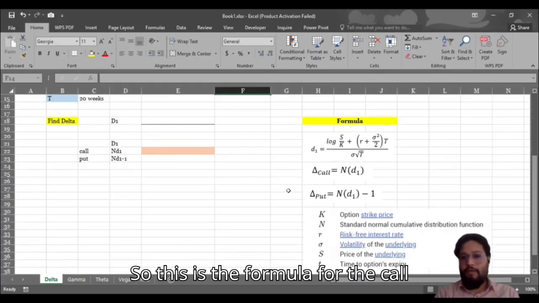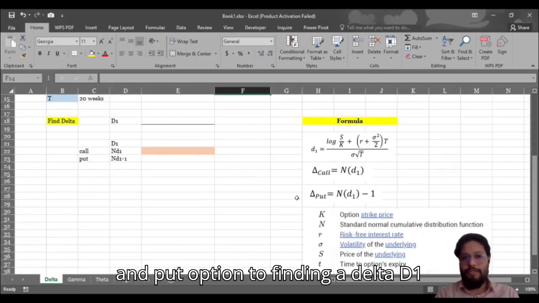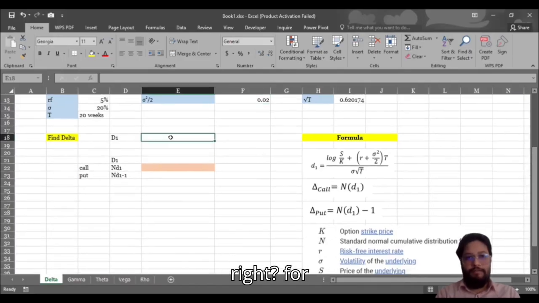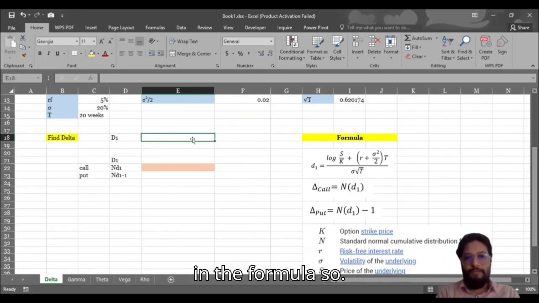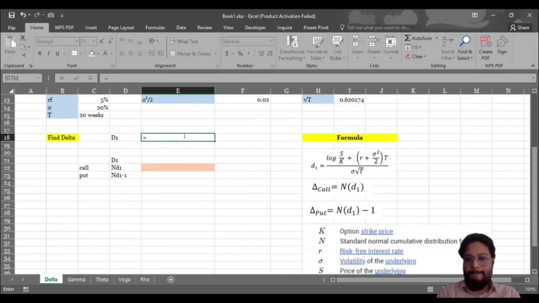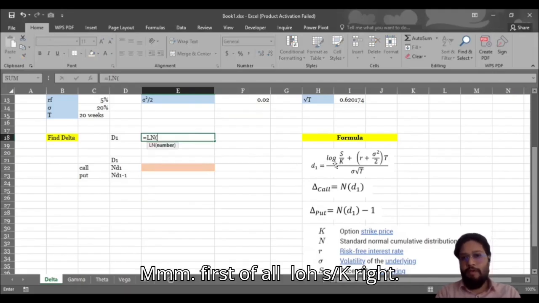So this is the formula for the call and put option for finding the delta, D1, right? To find our D1 value, we just put the values in the formula. First of all, log of S by K, right?